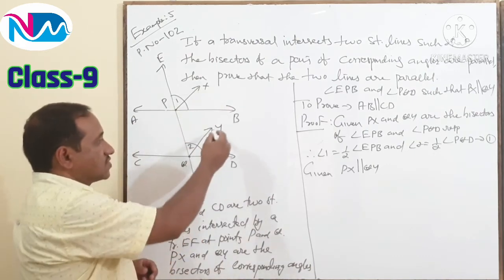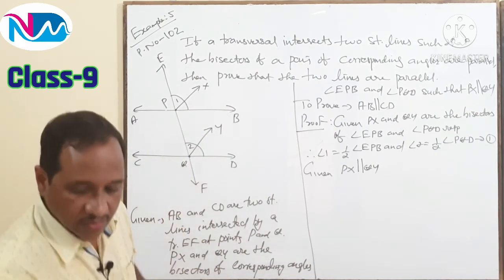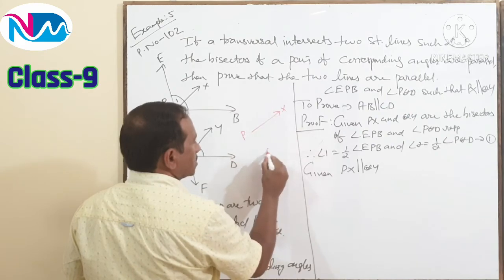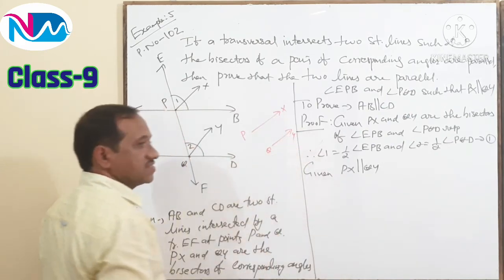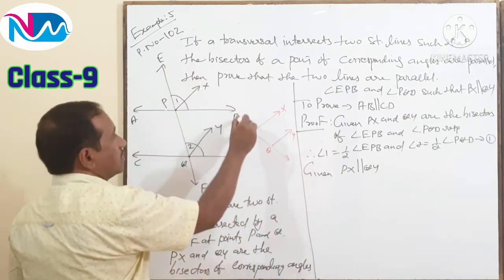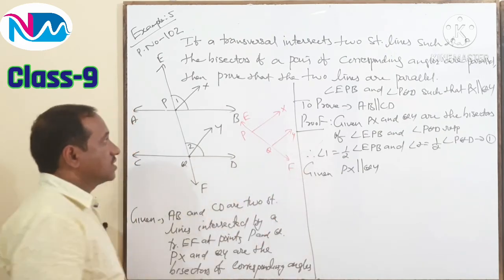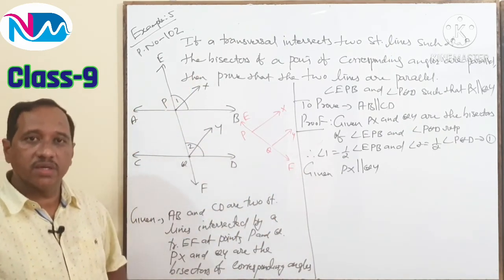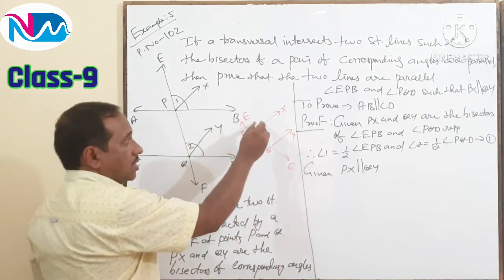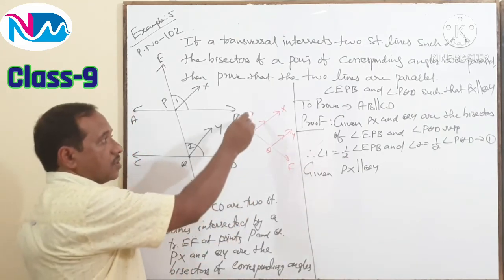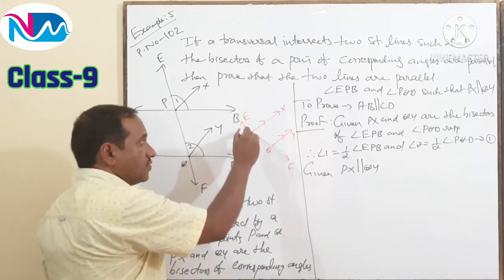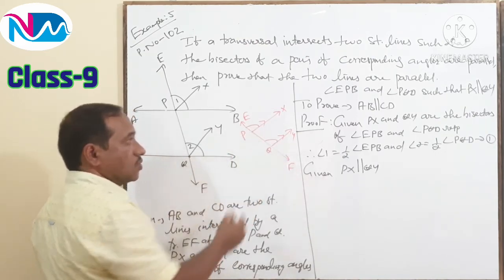If you take PX and QY separately, which are parallel, here you can see that this EF is a transversal for PX and QY also. Therefore, definitely these two angles are equal.